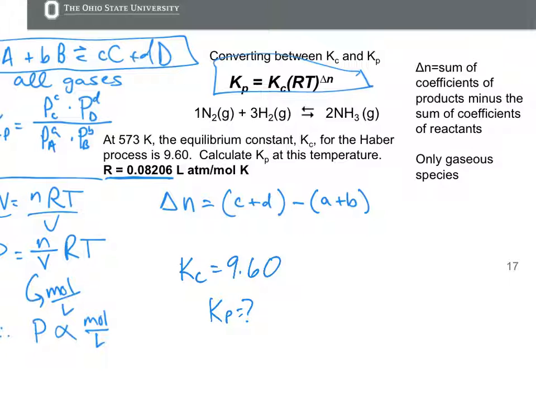Again, you're given R. The tricky thing here is determining what delta n is. And it's important to note that the stoichiometric coefficients that go into delta n are only for gases. We're going to see later on that we may have reactions that have components in different phases, heterogeneous reactions. So in this case, it's only the gases that are going to matter.